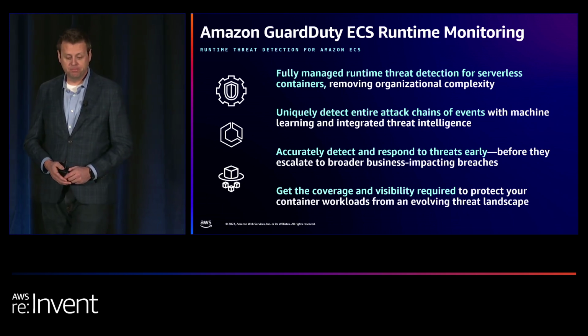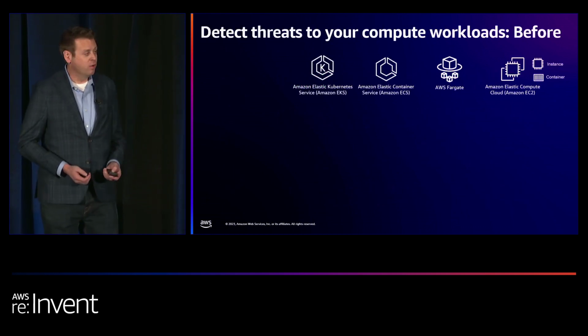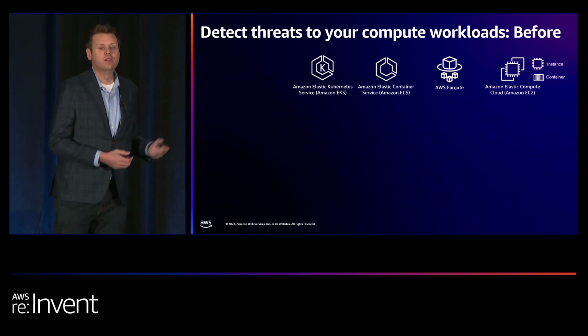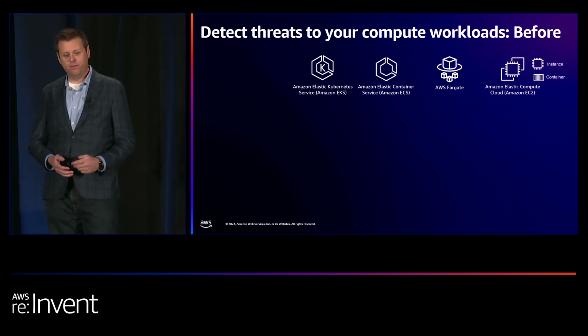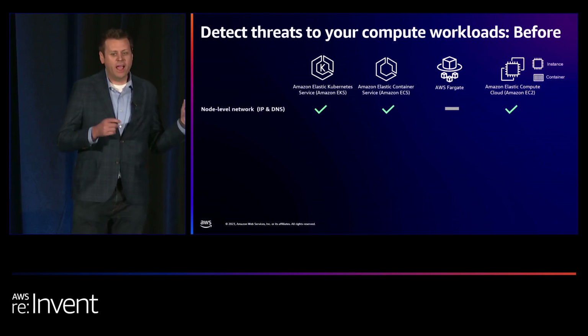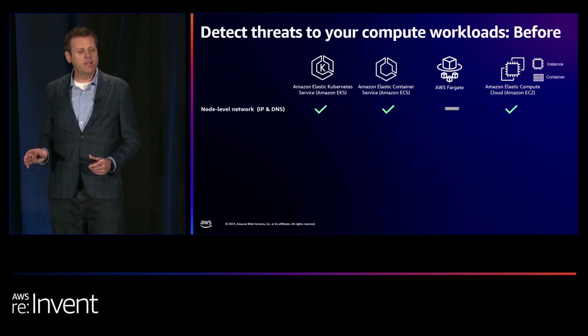So if we look at how this all played out before we had runtime monitoring, when you looked at just the core log sources where we had flow logs and DNS query logs and CloudTrail, we had, even for our container workloads, as Quintin was showing earlier, we can see instance level.